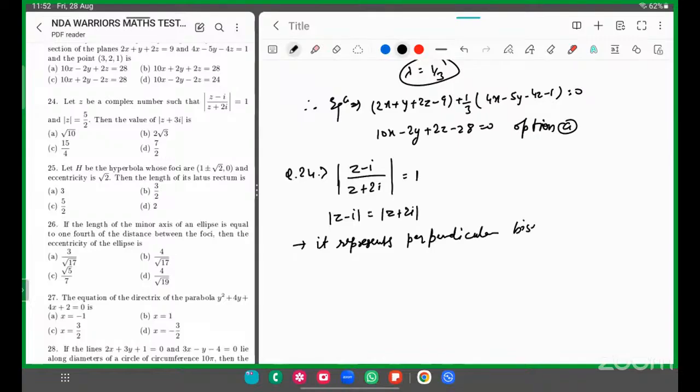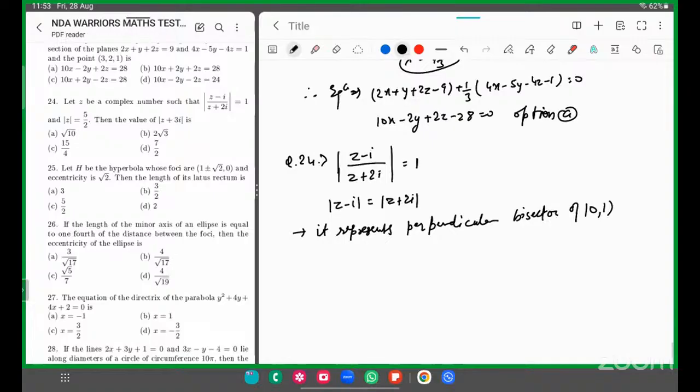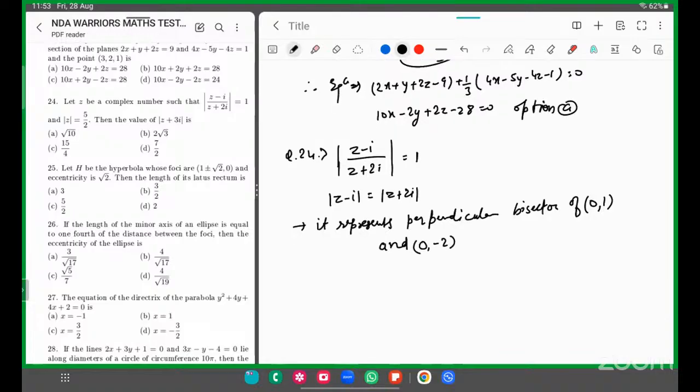It represents the perpendicular bisector of (0, 1) and (0, minus 2), like this.